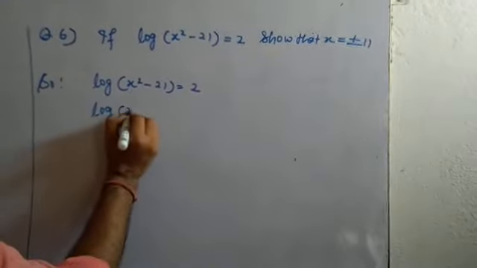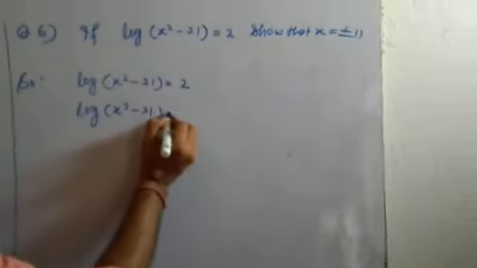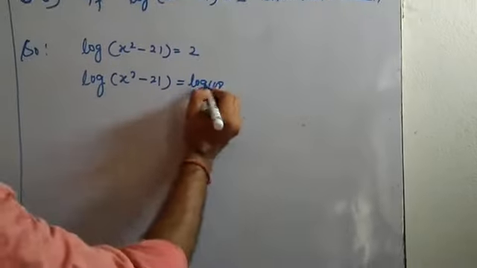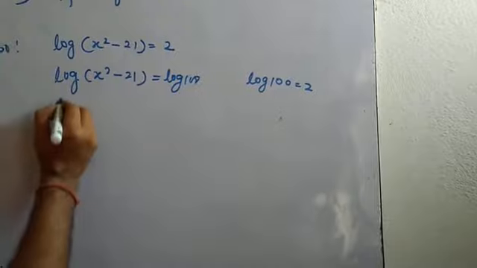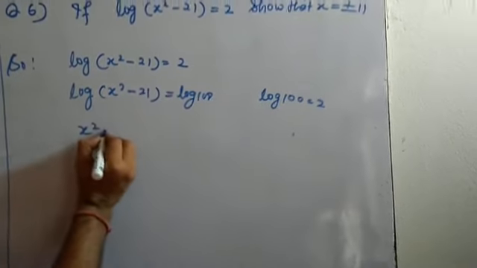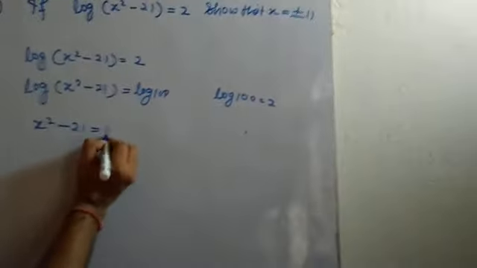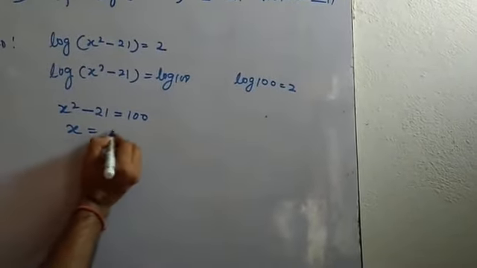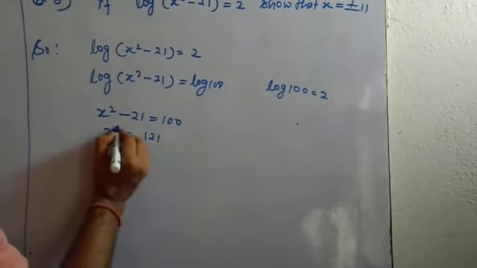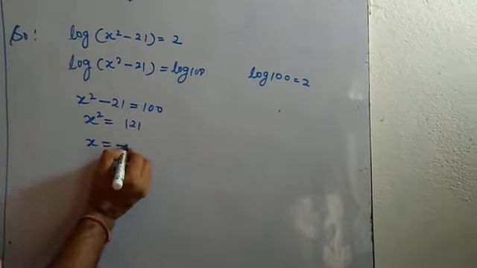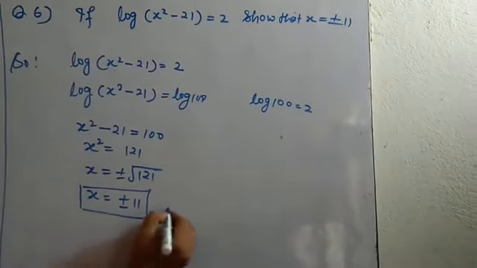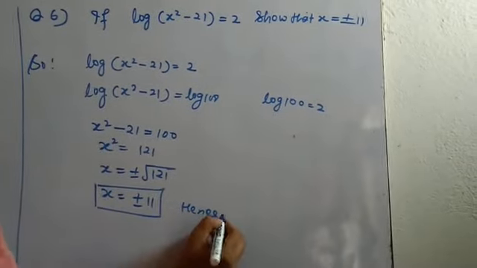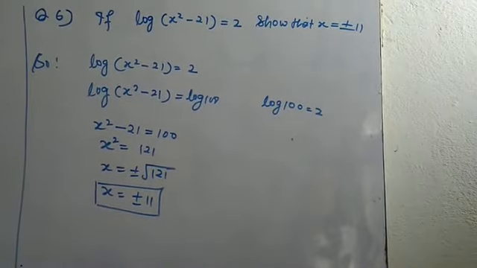Log x square minus 21 may be written as log 100, because the value of log 100 equals 2. Therefore x square minus 21 equals 100, x square equals 121, or x equals plus minus square root 121, x equals plus minus 11. Hence, proved.